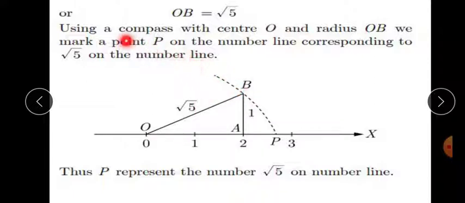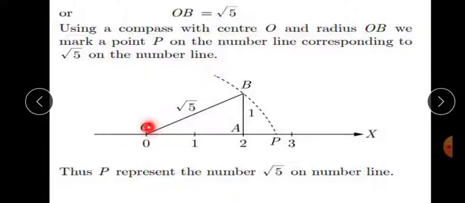Now we'll take a compass, using a compass with center O and radius OB. We keep the compass at this position as the center, and we take this OB as the radius.